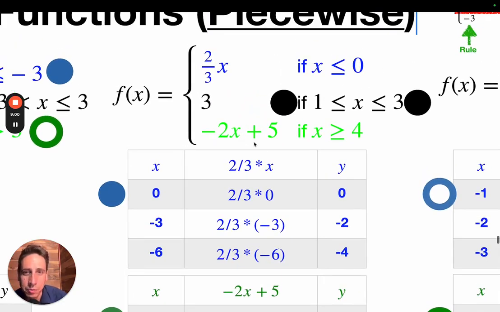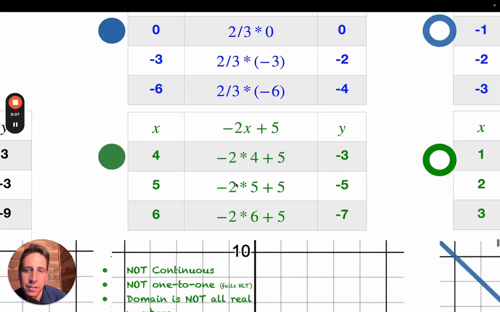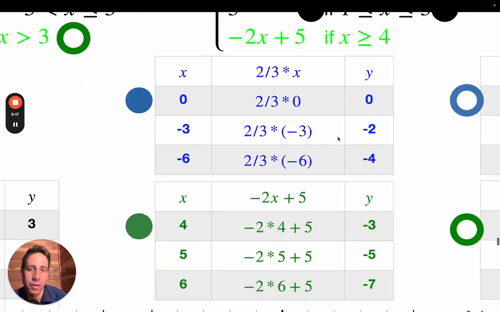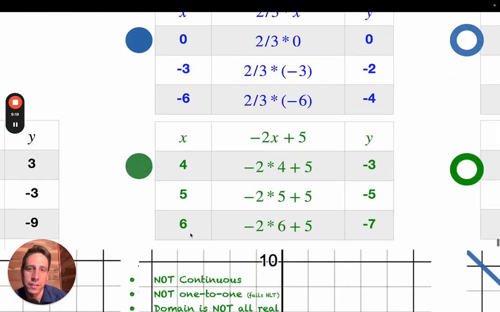Next, for the bottom piece, we're going to need a table. So we've got negative 2x plus 5, and let's see, for what x values? On my table, I'm not just going to go 0, 1, 2 for the x values. I'm going to start at 4. I'm going to choose all values that are greater than or equal to 4, so like 4, 5, and 6. Plug them in, and I calculate these y values.